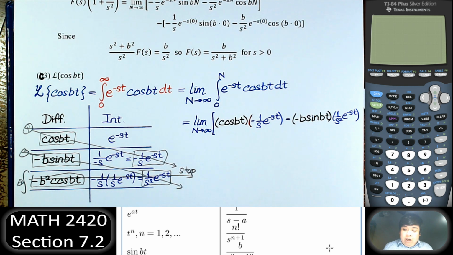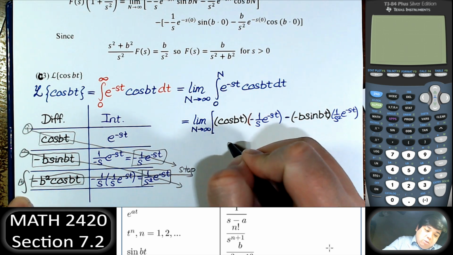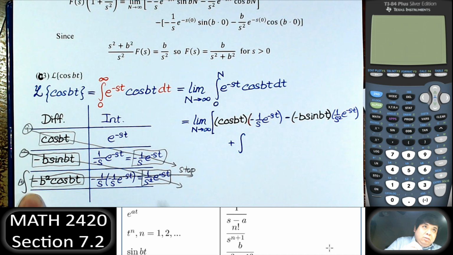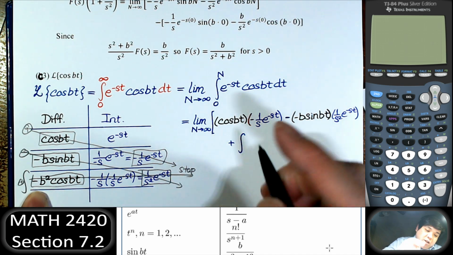We have to stop, and when we stop we do the alternating sign also, but plus the integral. And I will just multiply these two terms.